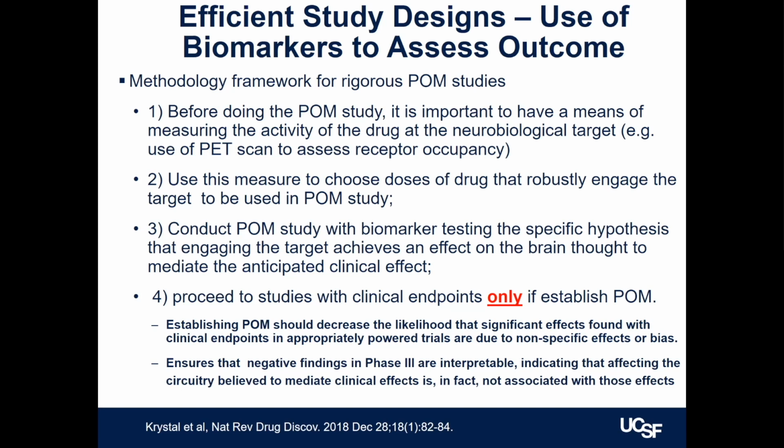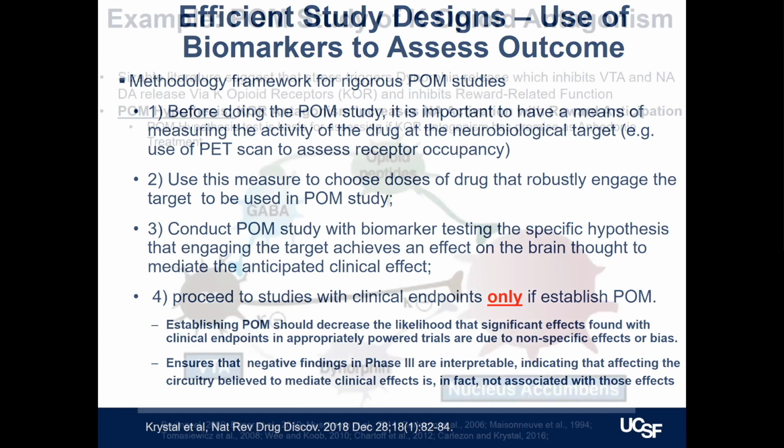Negative findings could mean that your model was in fact wrong. Engaging that area of the brain does not in fact have the clinical effect that you thought it did, and you have to go back to the drawing board. But it's better that you learn that and establish that than try to continue on with a program where you think, oh, well, I think my model's correct, I think the dose was too low or something like that, or I should have gotten a more severe population, or whatever.